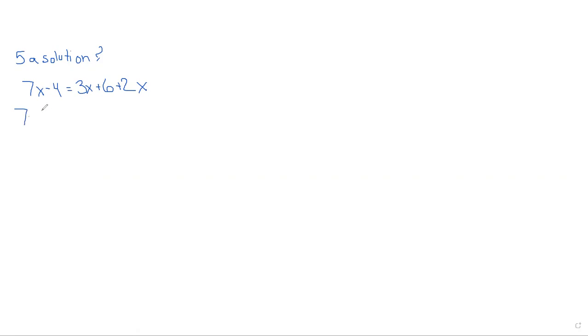So we have 7 times 5 minus 4 equals 3 times 5 plus 6 plus 2 times 5. And I'm going to remember my order of operations and that I multiply before I add and subtract.